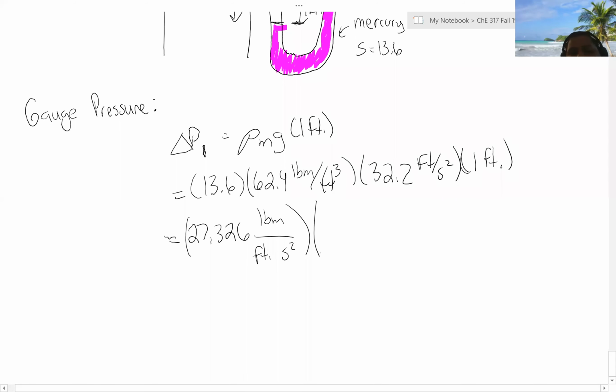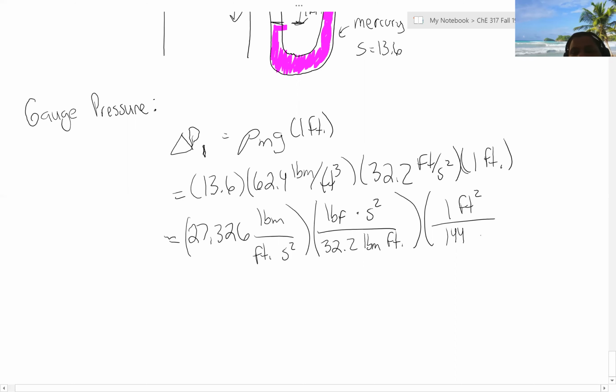And so what we're going to have to do is divide by the gravitational constant G sub C, 32.2 pound mass foot per pound force second squared, and then convert our feet squared into inches squared.